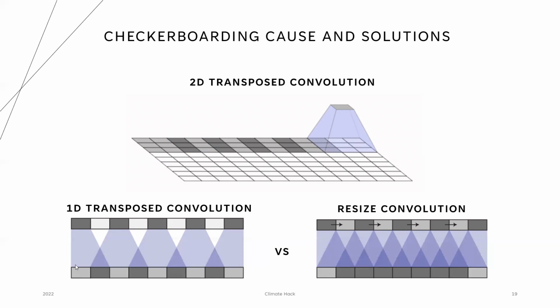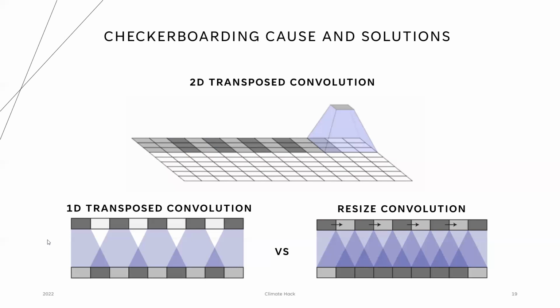Unfortunately, this can result in checkerboard artifacts when the transposed convolutions overlap when striding. You can see in the top animation how the transposed kernel is overlapping, creating concentrations of input signal in a checkerboard pattern.